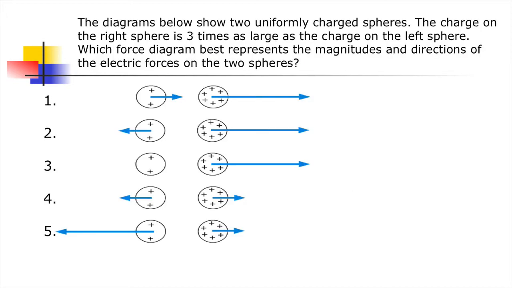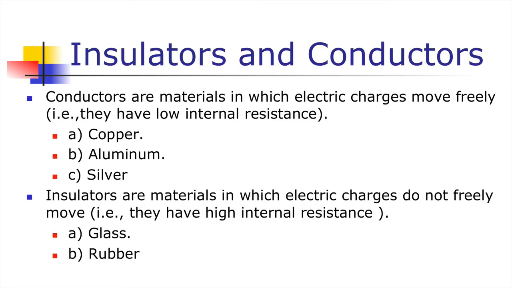There are atomic details that you can talk about, like why conductors have freely moving charged particles, whereas insulators don't have that many freely moving charged particles. That can be detailed later when we talk about atomic structure.